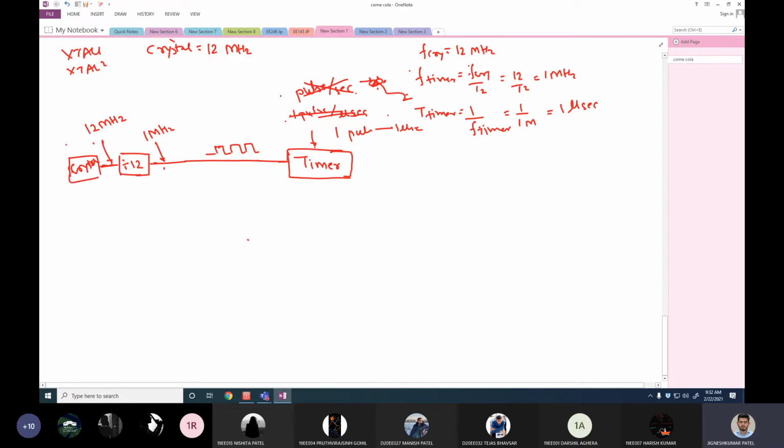Clear up to this point? Any questions? Now I'm going to modify this timer very fast. I'm going to draw a lot of things around this timer. So if you are clear up to this point, I can move ahead. Otherwise, I have to explain it again.